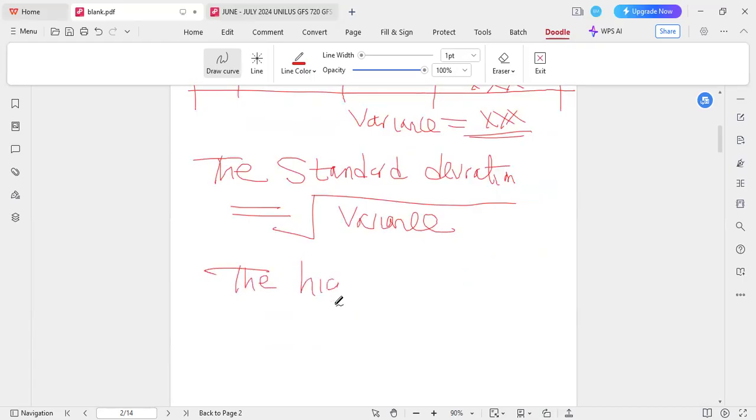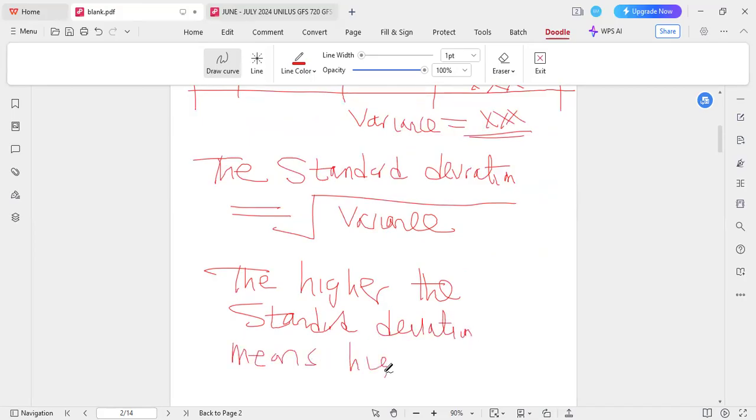The higher the standard deviation, the higher the risk. Okay.